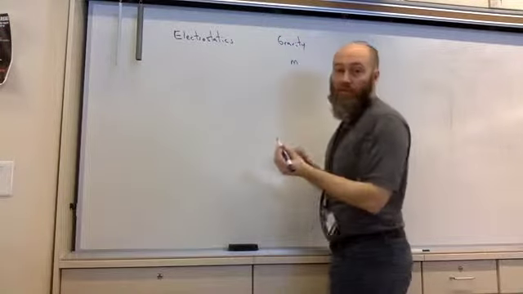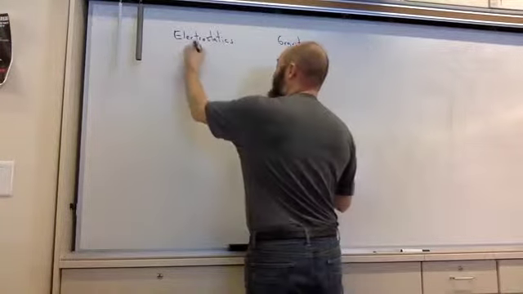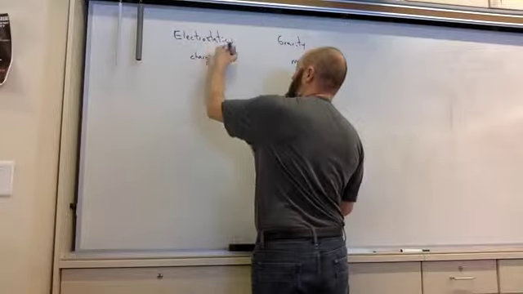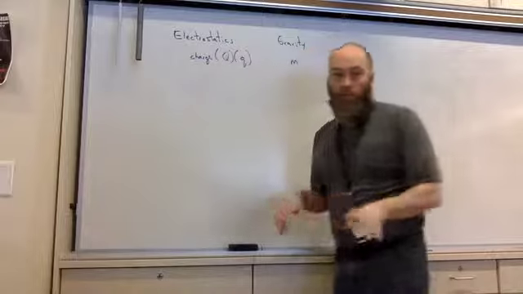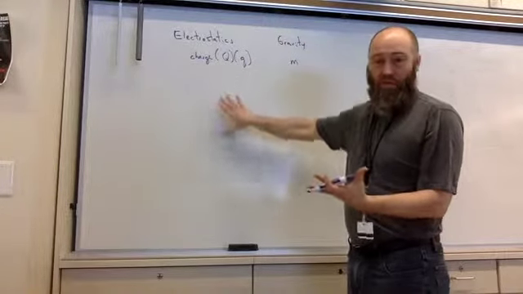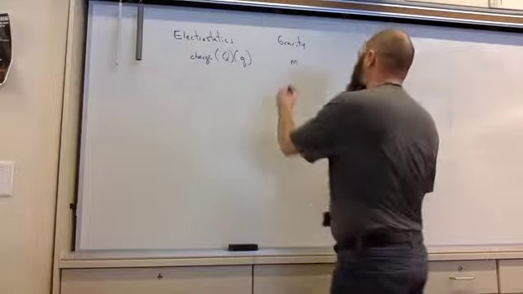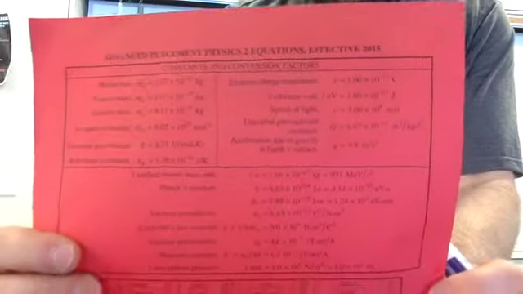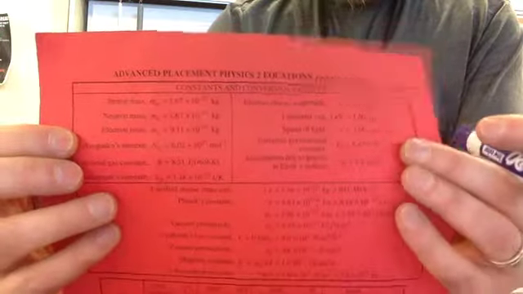Well, mass is like charge. So Q, or little q. So where we have mass with gravity, we're going to have Q's. Where you have big G for the gravitational constant, which was on our handy-dandy formula sheet here. Big G right there.